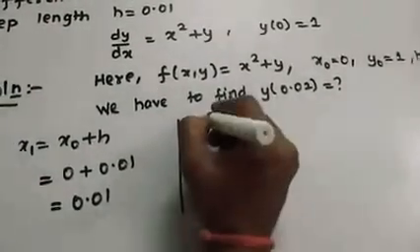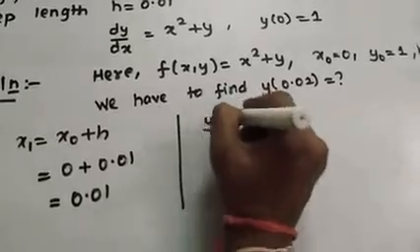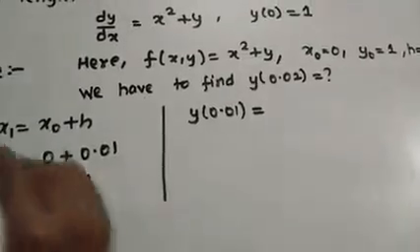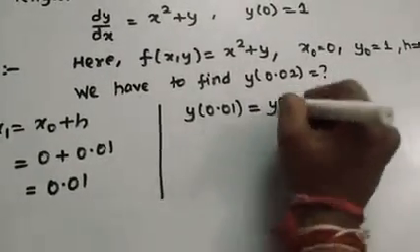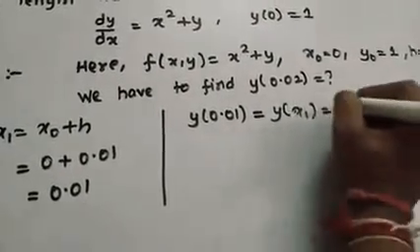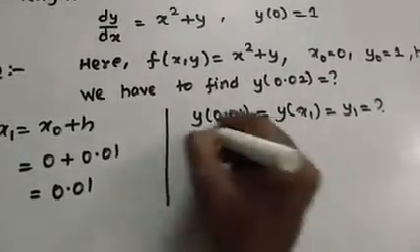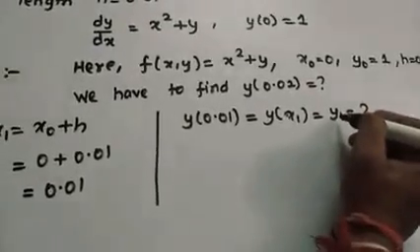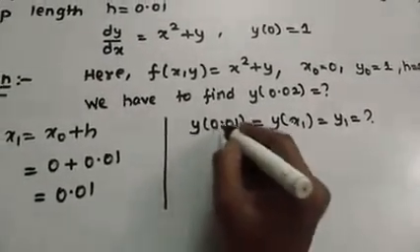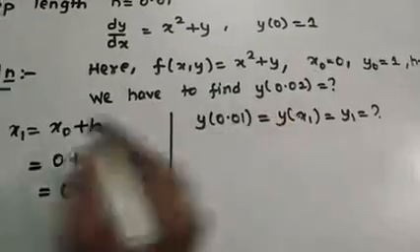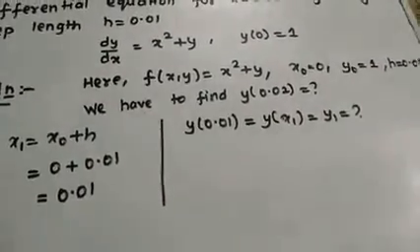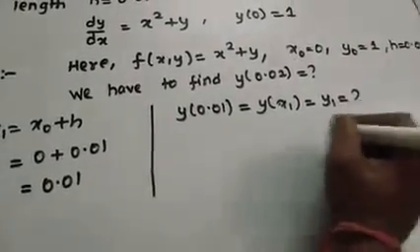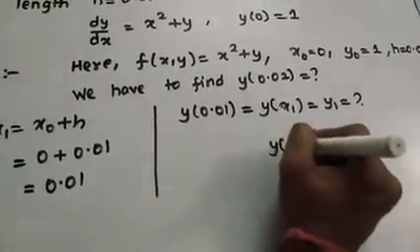So first of all we have to find y of 0.01. What is 0.01? It is x1. That means y of x1 means y1. So first of all we have to find this y1. After finding y1, that means after finding y of 0.01, we can proceed to finding y2. y2 means y of x2.